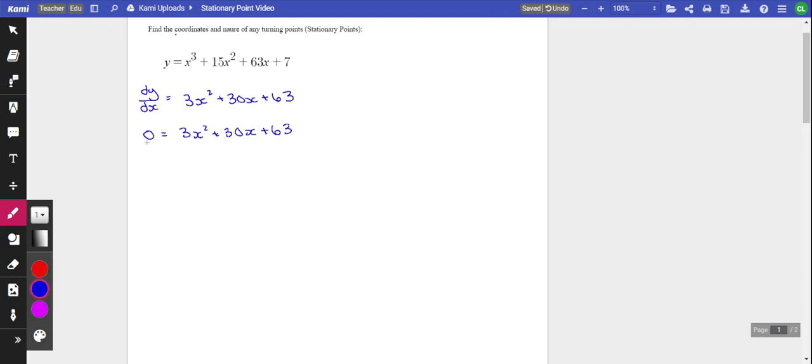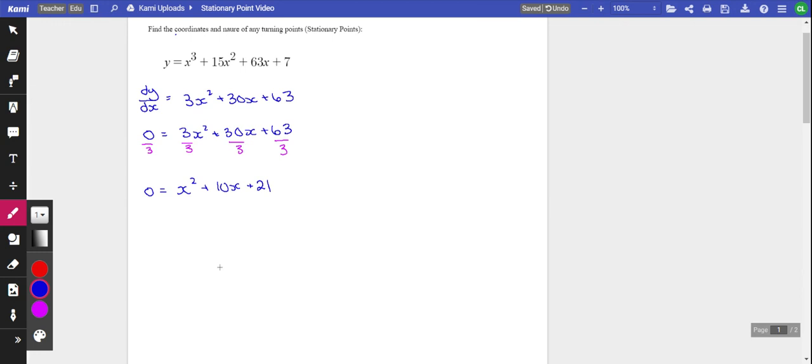First thing to notice in this is all of these things are divisible by 3. So we're going to take everything in this equation and divide it by 3 so that we have smaller numbers to deal with when we're solving. So 0 divided by 3 is 0 equals x squared plus 10x plus 21.